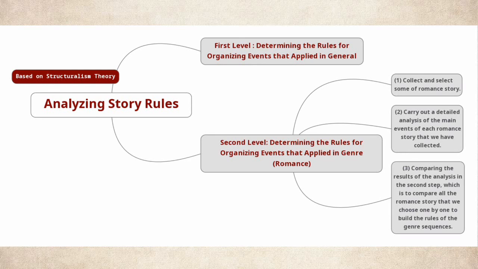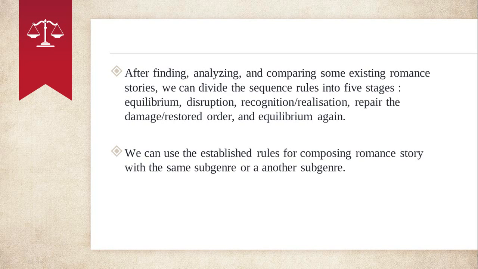And the third step is comparing the results of the analysis in the second step, which is to compare all the romance stories that we chose one by one to build the rules of the genre sequence. Here we must demonstrate our ability to discover the basic similarities hidden behind the different main events of each of the stories analyzed. In this slide, I will tell you more about the process after the second level of analyzing story rules based on structuralism theory.